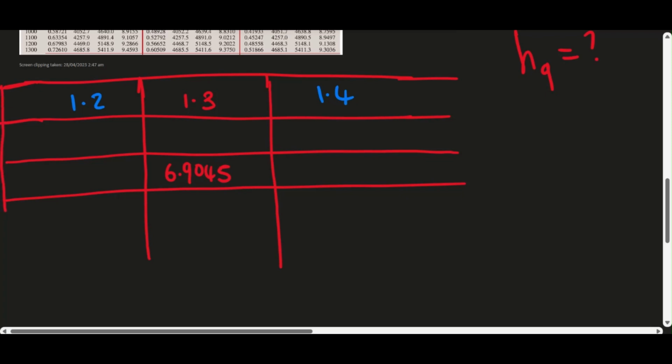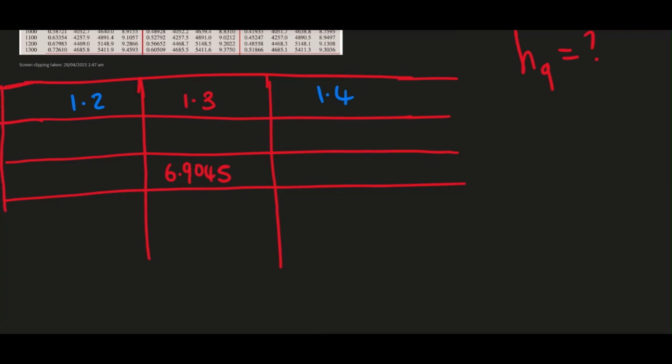Yes, double interpolation has commenced right now.